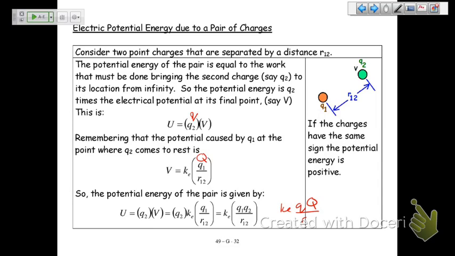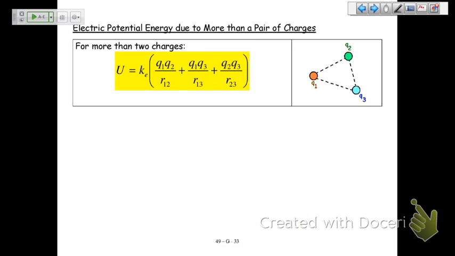Well, that fell out. If I have a whole bunch of them, I just add them all up. It's the first pair multiplied, divided by its separation, added to the second pair multiplied, divided by that separation, added to that pair, divided by that separation.